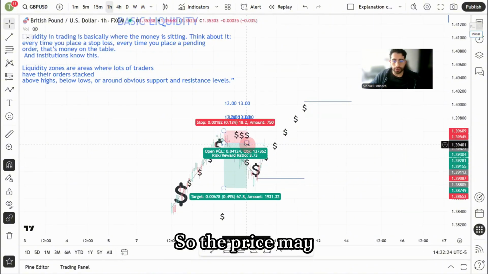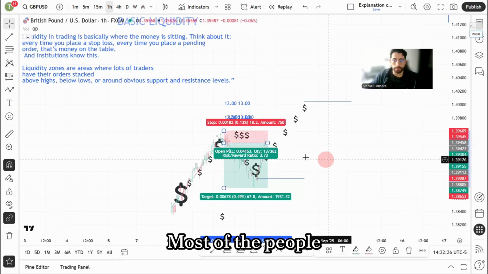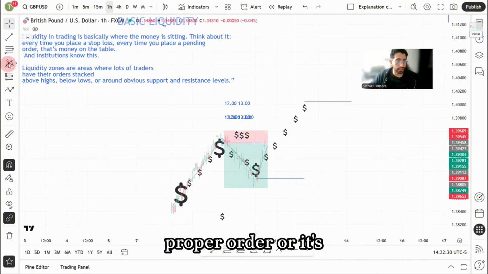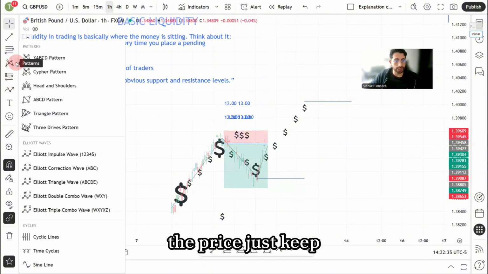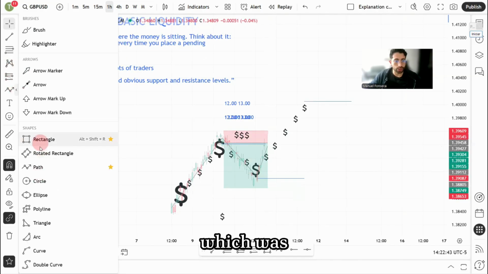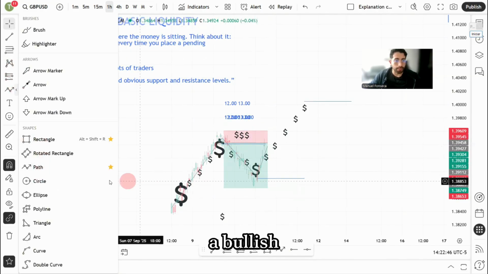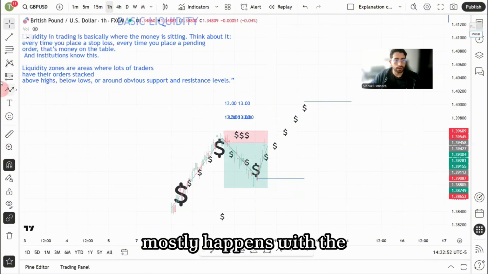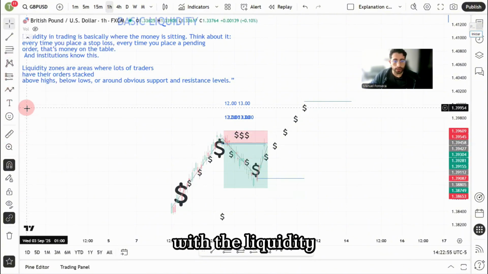So the price may go up here. Most of the people with this candle would consider that is a proper order or is a nice order to keep executing. And after that, the price just keep moving towards the real direction, which was in this example, a bullish trend, correct? So this is what mostly happens with the liquidity, right?